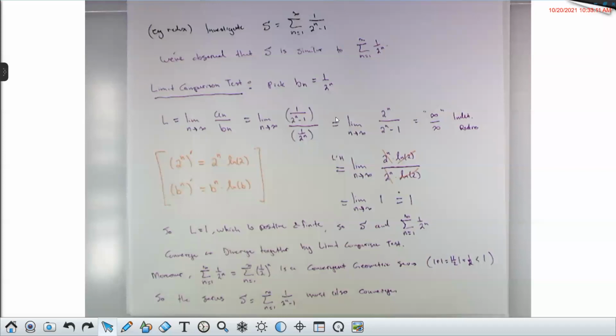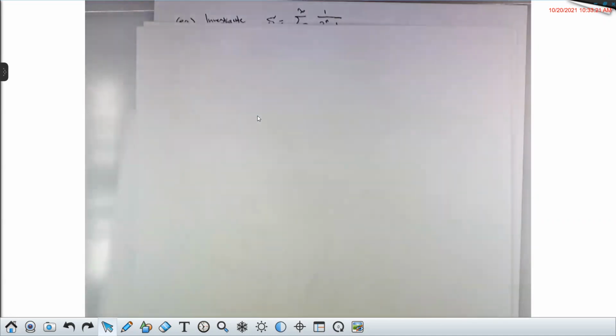There are some really fun problems that we can attack with the limit comparison test that are very, very hard otherwise. I'd like to show you one of those now. Before I show you this next problem, let me remind you of a special trig limit.